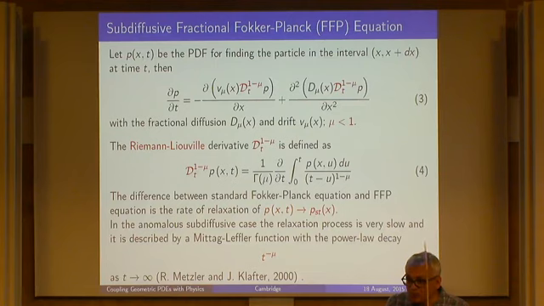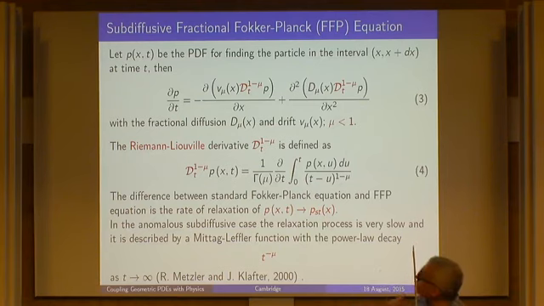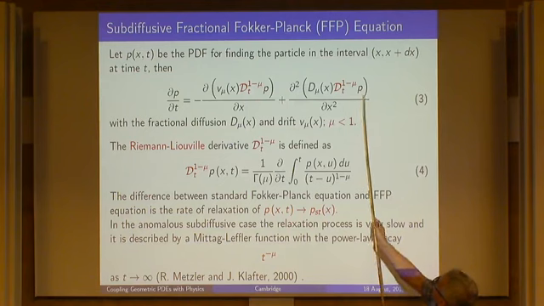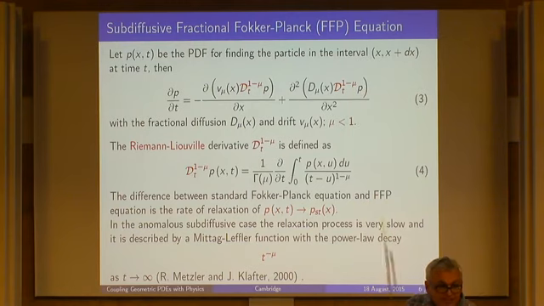Because it's easier to deal with mathematically. Of course, the standard Fokker-Planck equation involves two parameters, drift and diffusion. That's it. Locally it means Gaussian. But if we take into account subdiffusion, we have a third parameter, mu, the anomalous exponent. And if you make this anomalous exponent a function of x, it's impossible to solve this equation.